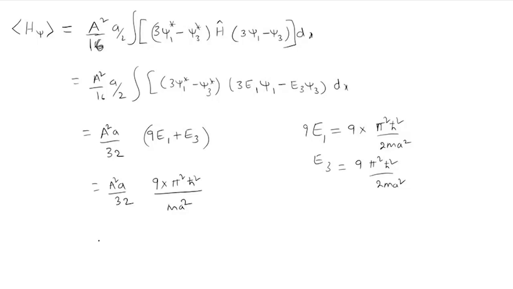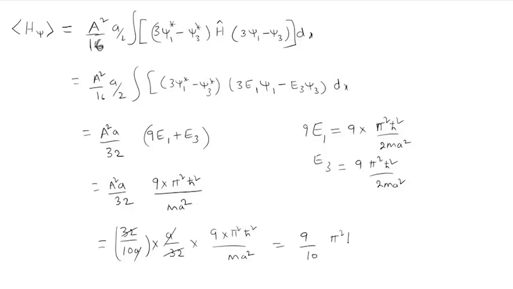And then you can figure out what a square is; we have already written it somewhere: a square is 32 over 10a. The 32 will cancel, a will cancel, a goes away. You get 9 over 10 pi square h square over m a square. So this is pretty long, but the end result is this.